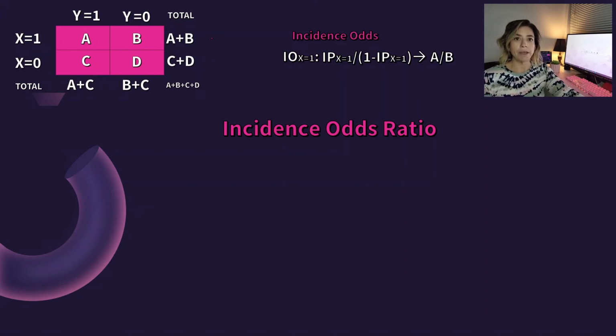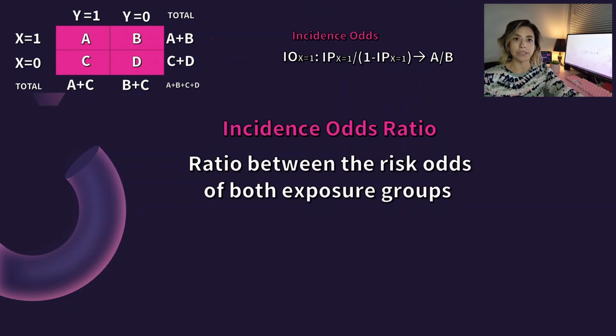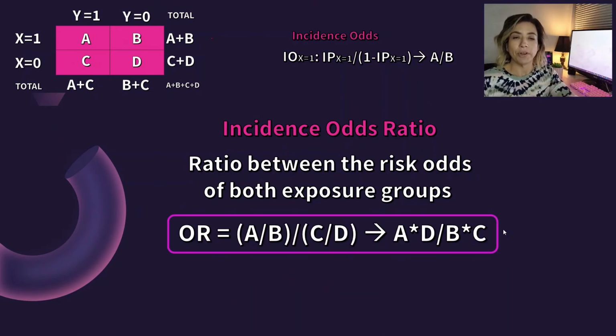So when we talk about incidence odds ratios, we're looking at the ratio between both incidence odds, those that are exposed compared to those that are unexposed. So our formula for the odds ratio would be the incidence odds for the exposed group divided by the incidence odds of the non-exposed group. That leaves us with A divided by B, divided by C divided by D.